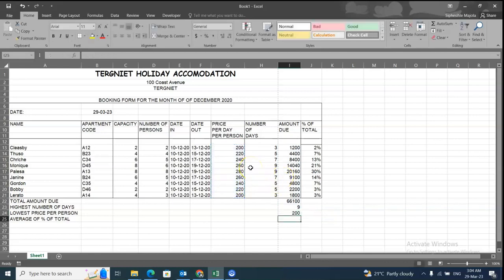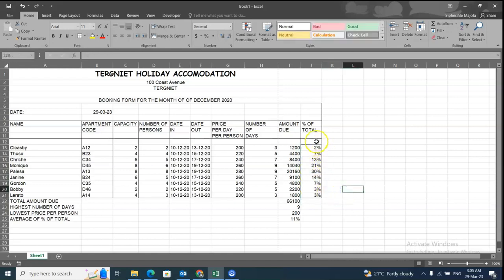So 200 Rand was the smallest amount a person would pay. And then they want an average of percentage of total. So they want an average of this here. The formula we use to calculate average is average, but then only for this, not for the rest of it. So the average of this is 11%.